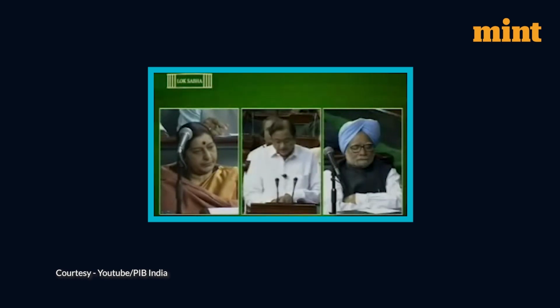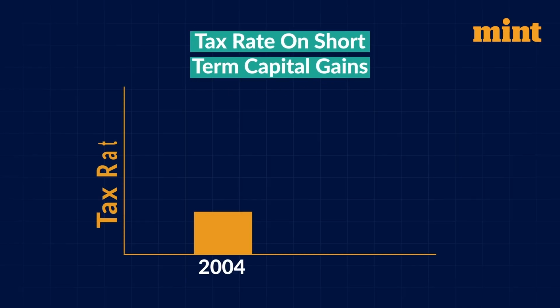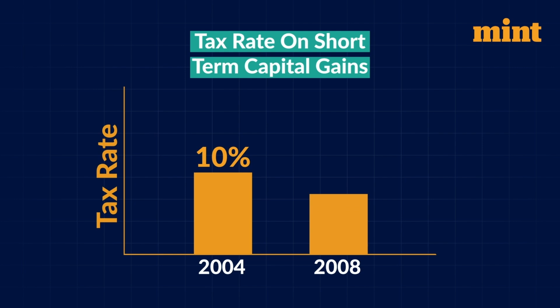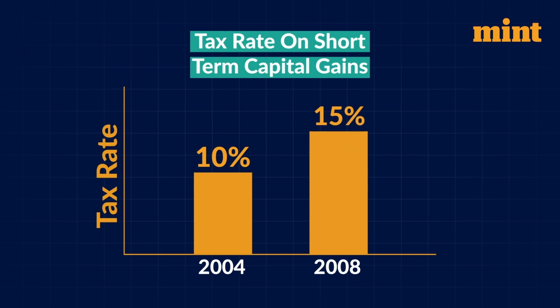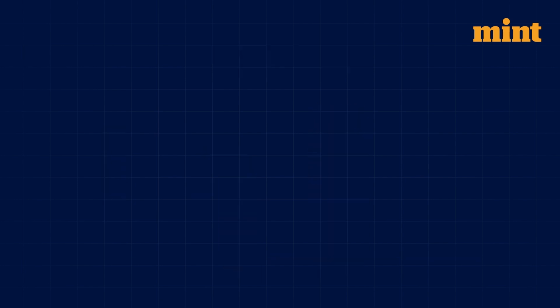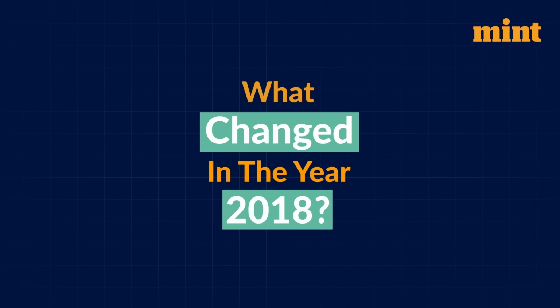In the budget presented in 2004, P. Chidambaram reduced the rate of tax on short-term capital gains on listed equity to a flat rate of 10%, but raised this to 15% in the 2008 budget. What changed in the year 2018?